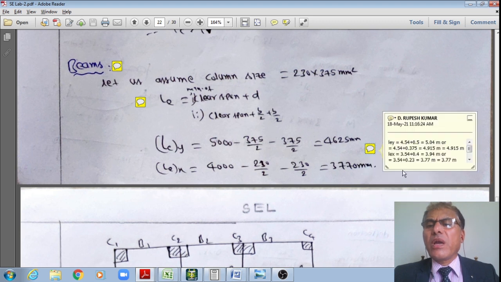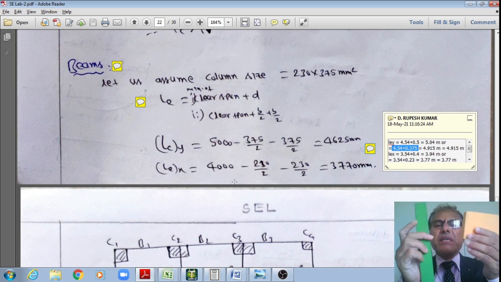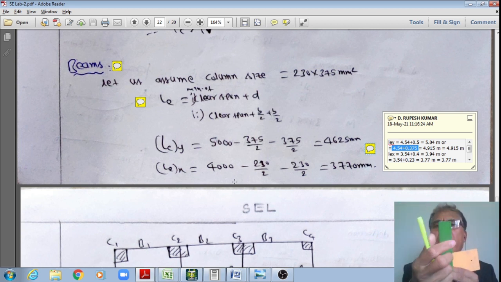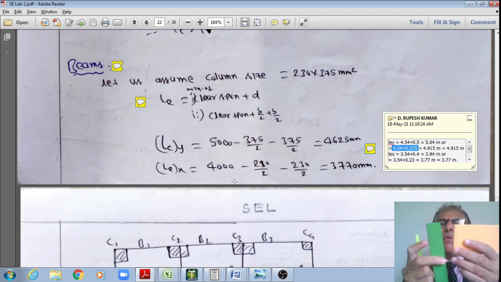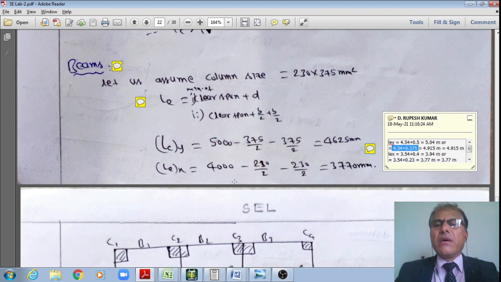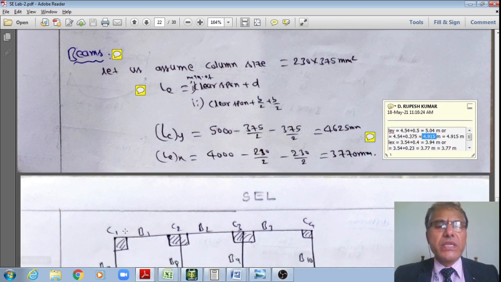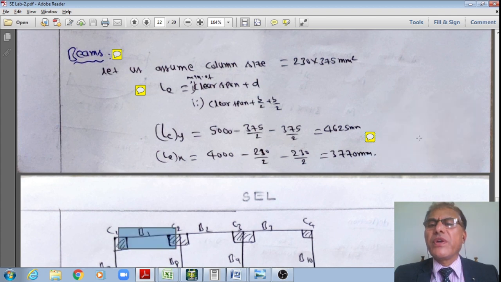Or alternatively, 4.54 plus 0.375, because my column size is 0.375. 4.54 is the clear span plus the column dimension in the span direction, 0.375. If I add that, I get half at one end and half at the other end, that is 375 by 2, 375 by 2, which works out to 375. The result is 4.915. Therefore, the effective span of this beam is 4.915, student.